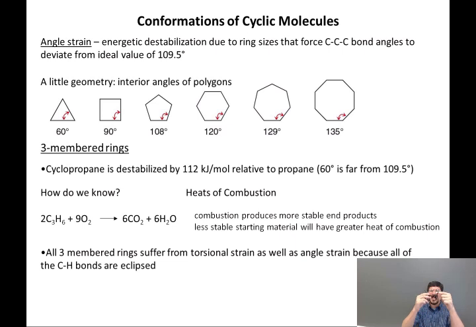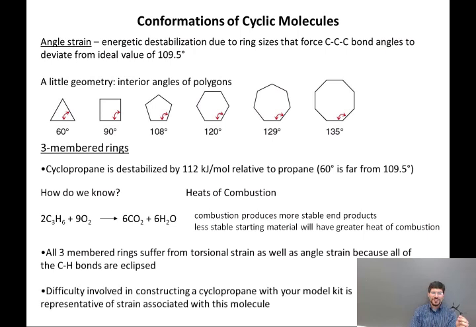Look down another side, the bonds are eclipsed. The third side, the bonds are eclipsed. And there's nothing we can do about that. We can't wiggle this structure in any way to relieve the eclipsing of the bonds. So the combination of angle strain and torsional strain, which is present in a cyclopropane, is what causes the destabilization of 112 kilojoules per mole.